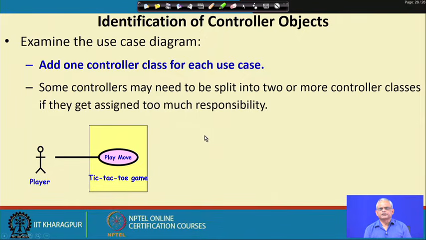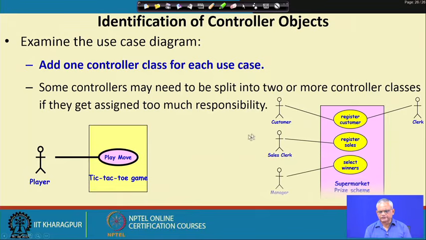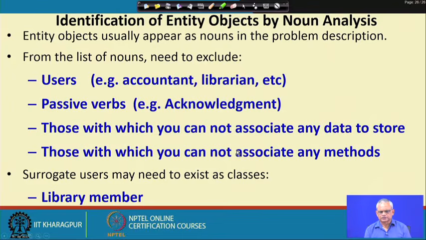There are large number of message exchanges with many objects, and it becomes easy by just inspecting the sequence diagram for a use case to see the controller class has become very complex. We will examine that in the next step. And similarly, for this example, there are 3 controller classes that are required.